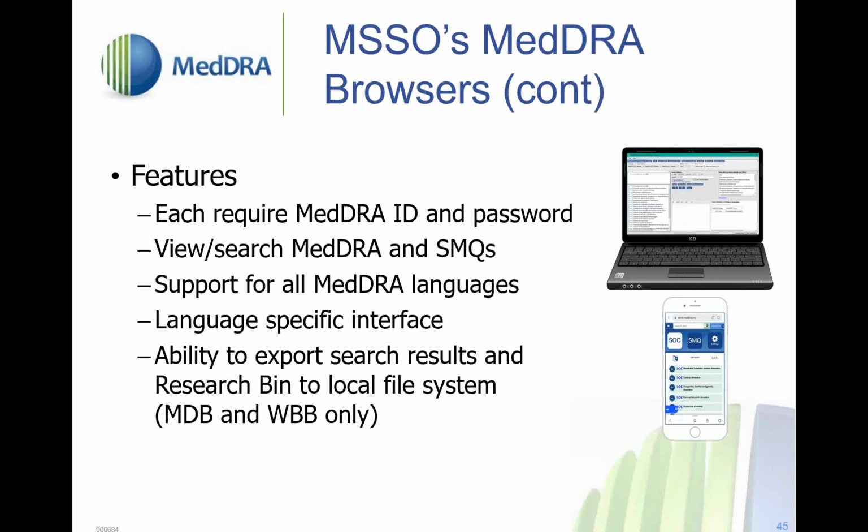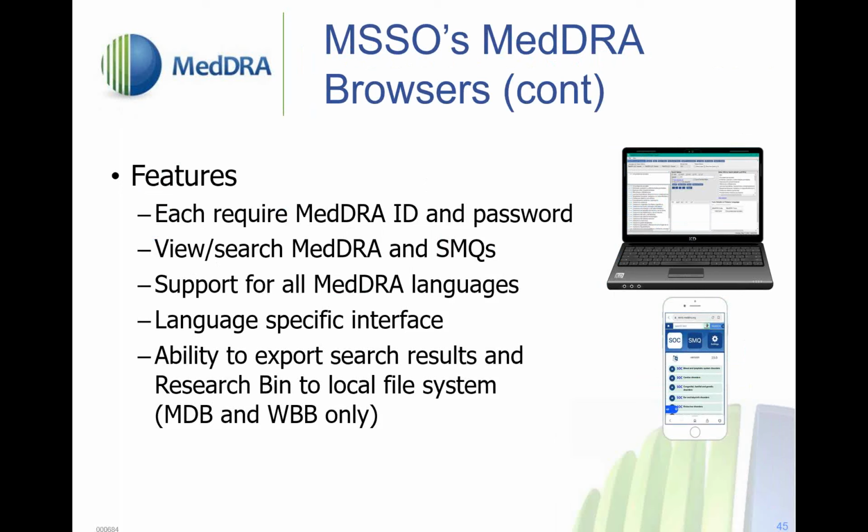You're able to search for terms on any of these browsers in any language that you're comfortable with. You can change the interface language on any of these browsers, and you can look up MedDRA in different translations on any of them. The mobile browser is the only one where you cannot export search results.